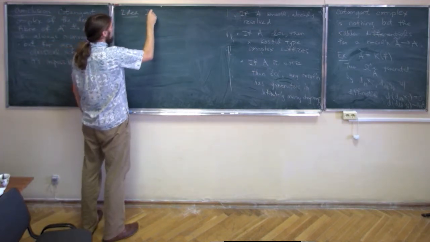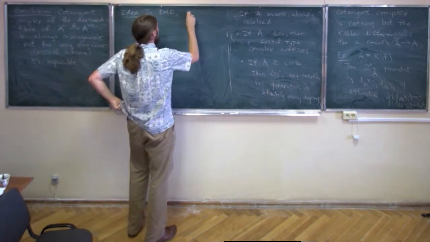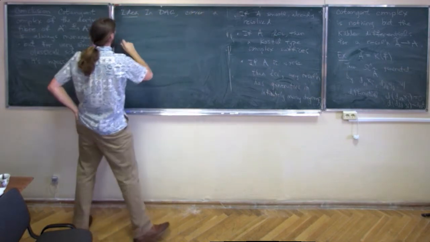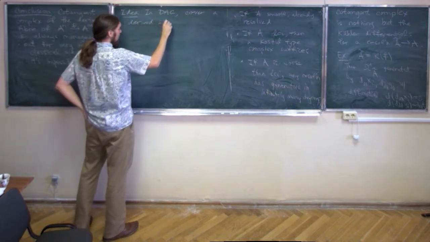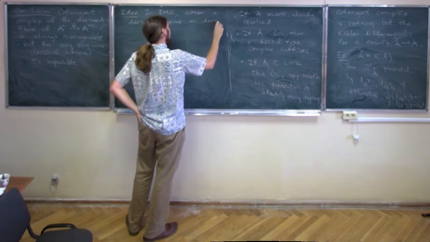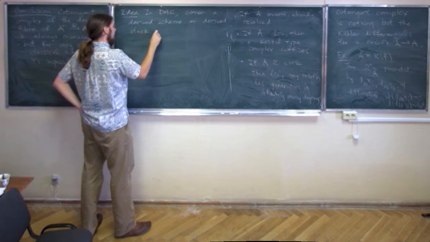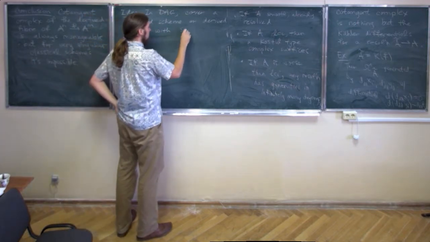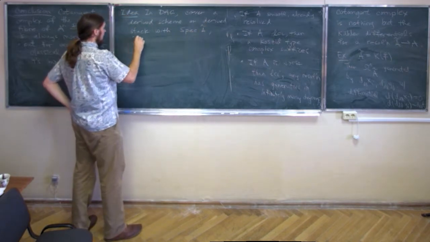So in derived algebraic geometry, you cover a derived scheme or derived stack with things of the form Spec Ã, where Ã is some nice differential graded algebra.